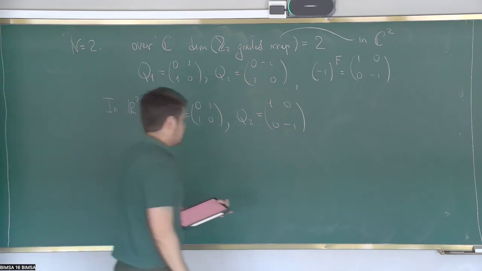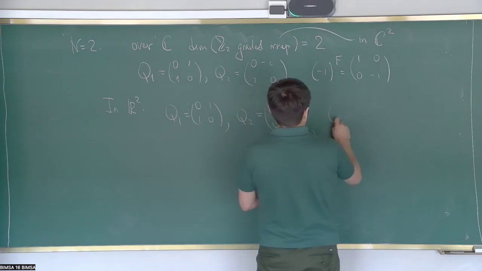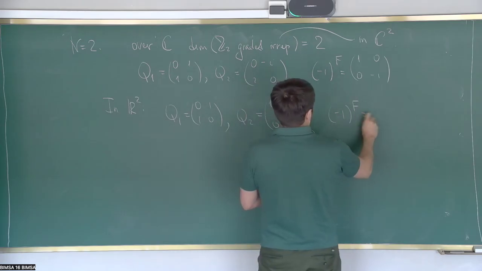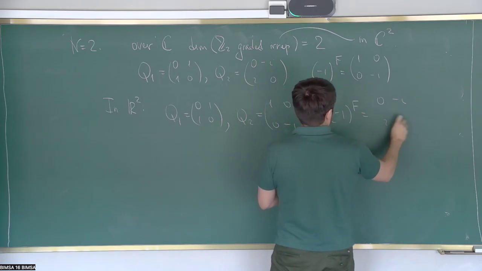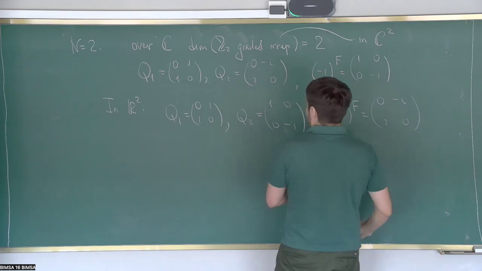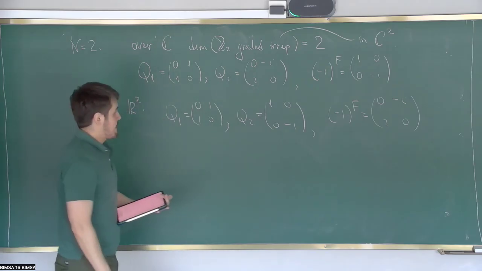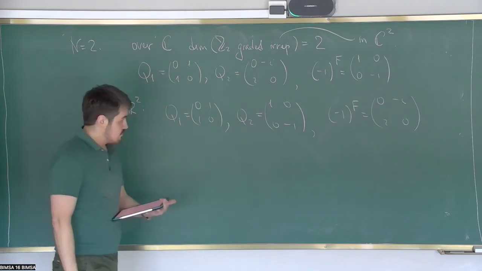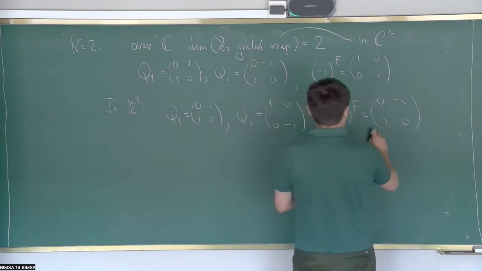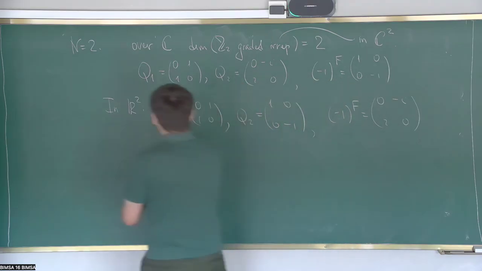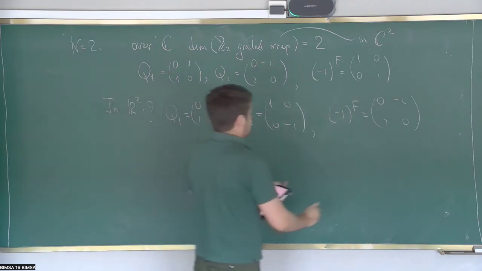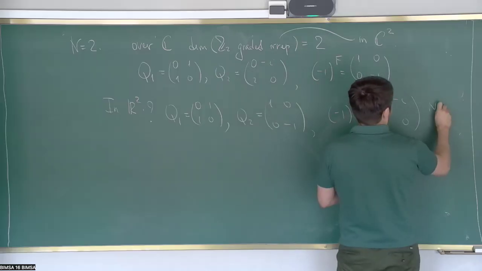But again, if you want a Z2 grading operator, this will be 0, minus i, i, 0. So this is not a real matrix.